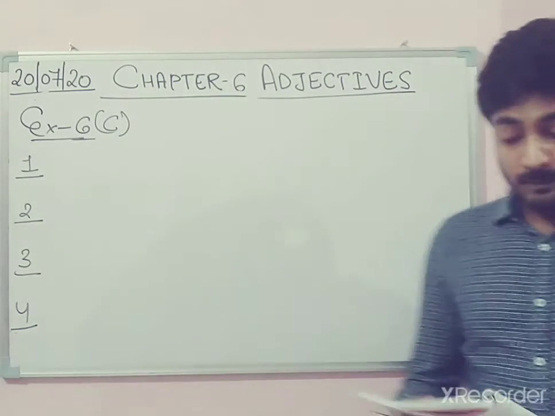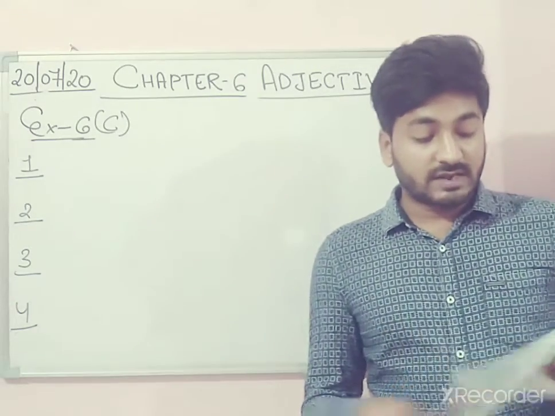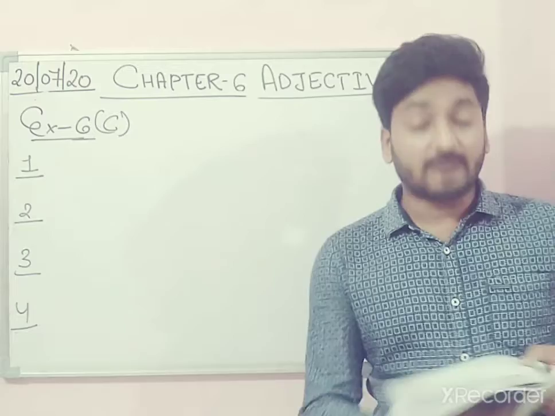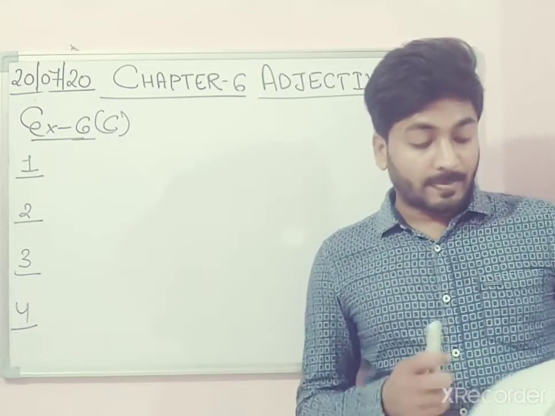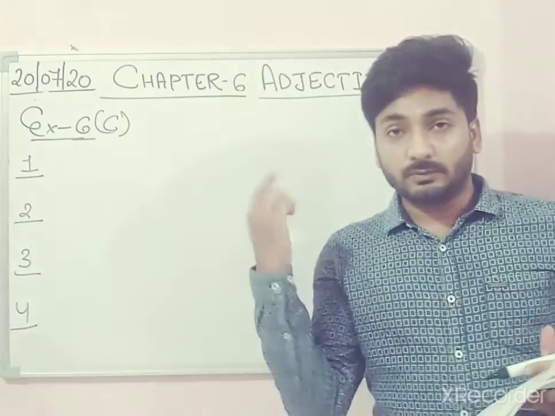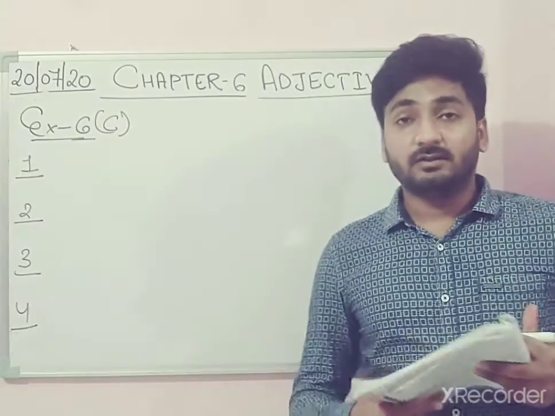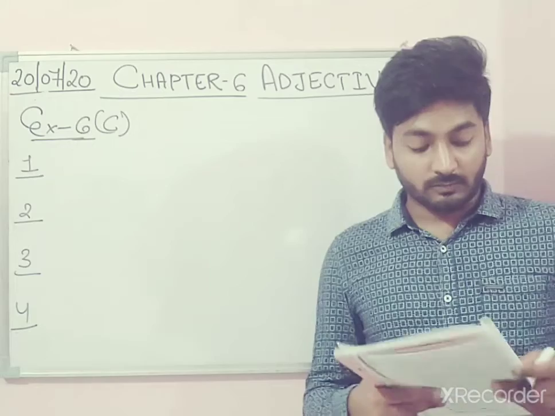Just do one thing. I'm going to read it for you. You just have to identify the adjective. You will just have to circle it or underline it. Then in front of it, in those blanks, you have to write which kind of them. That I will write on board.